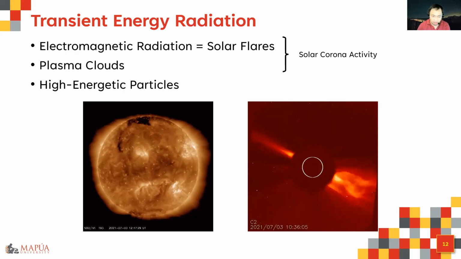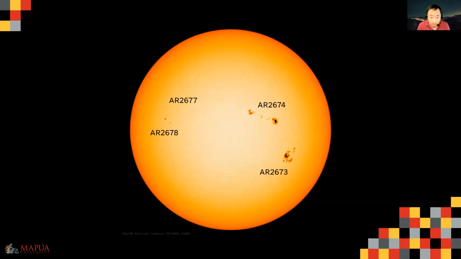Now, as mentioned before, let's have a quick review. This is the HMI continuum image of the sun on September 6, 2017. There have been four active regions identified in the main area of the sun.